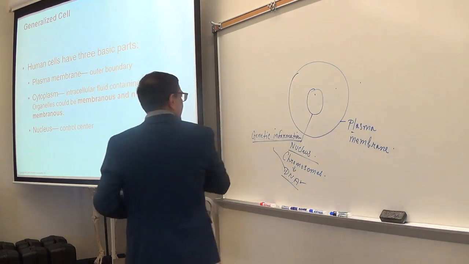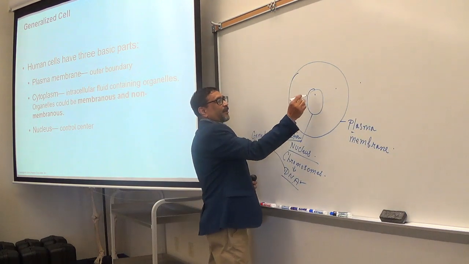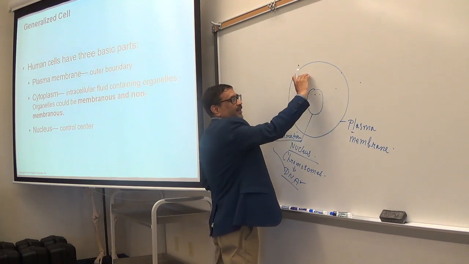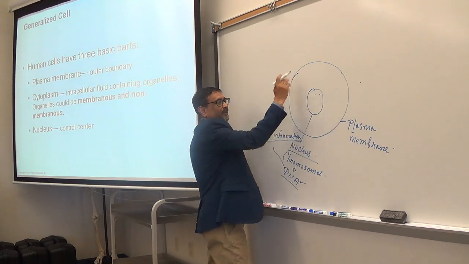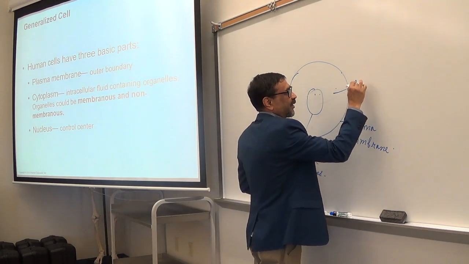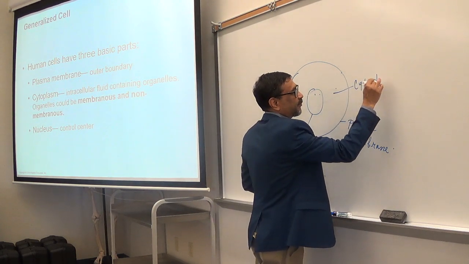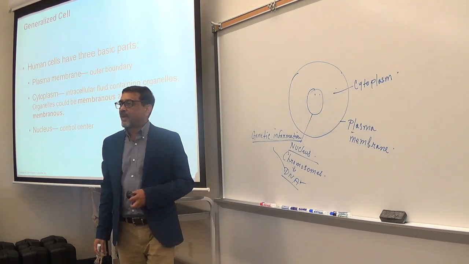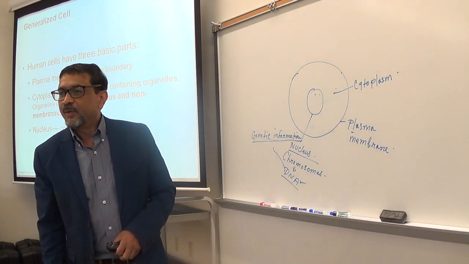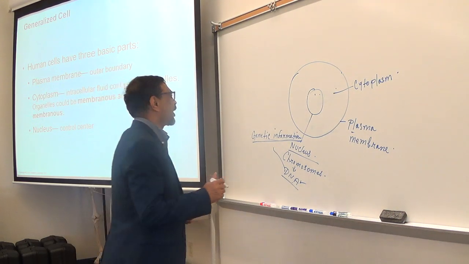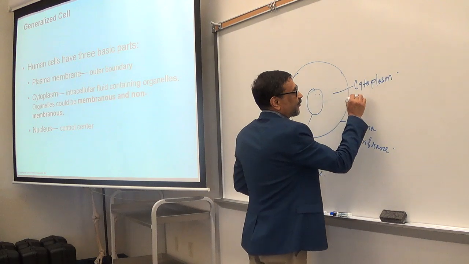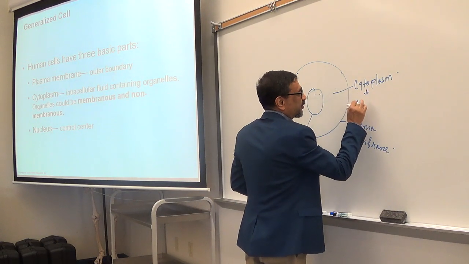Okay? In between the plasma membrane and the nucleus, you have the cytoplasm. Now, in the cytoplasm, you have 2 types of organelles. Cytoplasm contains organelles.